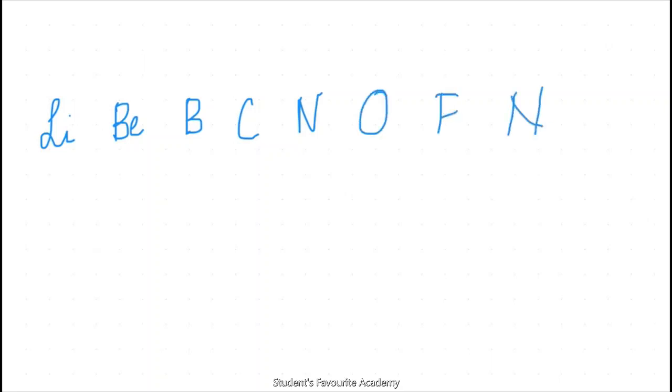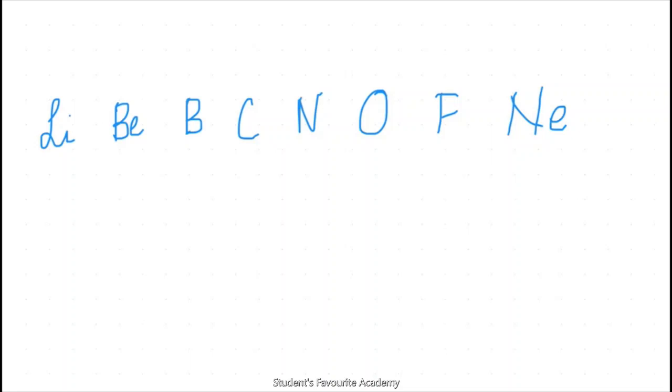Suppose I am having elements across the period, starting from lithium, then beryllium, boron, carbon, nitrogen, oxygen, fluorine, and then neon.